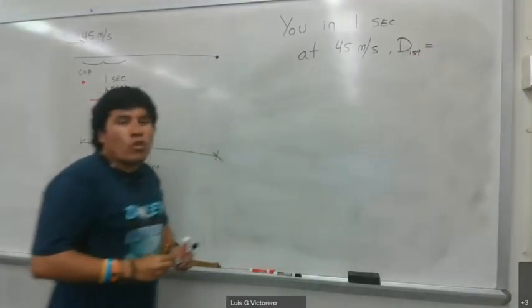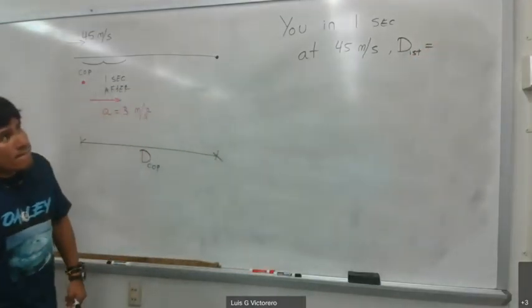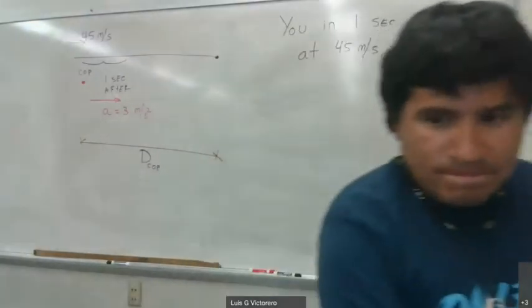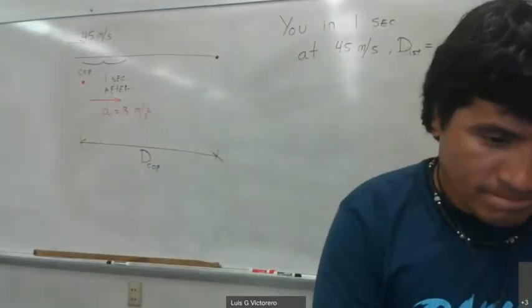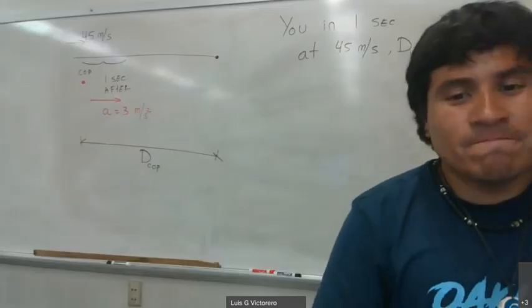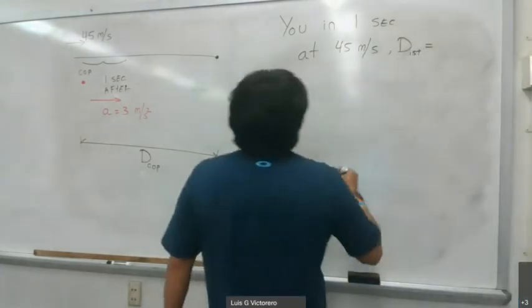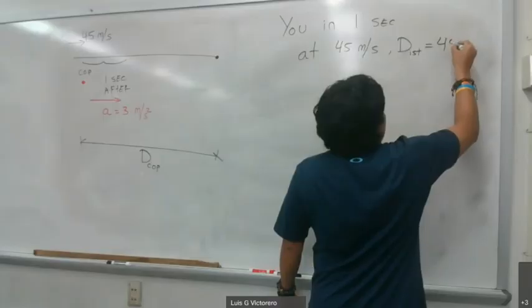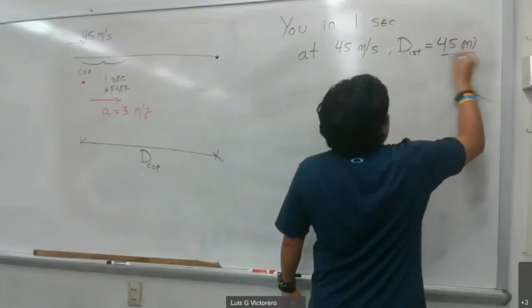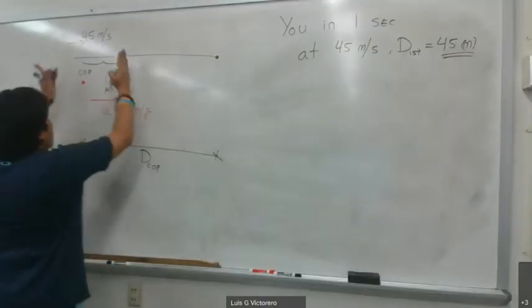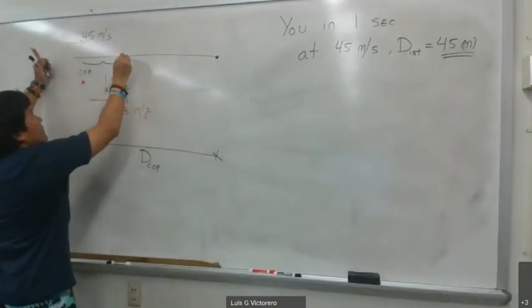How much do you move? It's constant speed. 45. Yeah, 45. Distance is speed times time. Perfect. So you move 45 meters. So you are here.